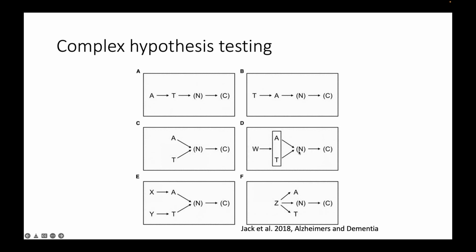Or what I also find very interesting is the idea that an independent factor leads itself to the neurodegeneration, and as a side effect leads to amyloid deposition and tau deposition. This is all in principle capturable with this classification, and therefore this will probably in the future help a lot to understand the disease a bit more.